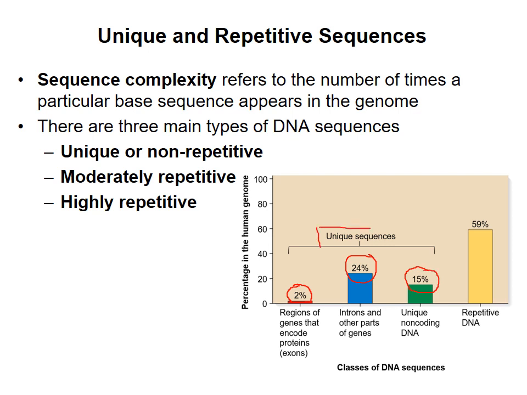So collectively, our unique segments make up about 41% of our overall genome. So the other 59% is repetitive DNA, meaning that it really doesn't contribute anything to our transcription and translation abilities.